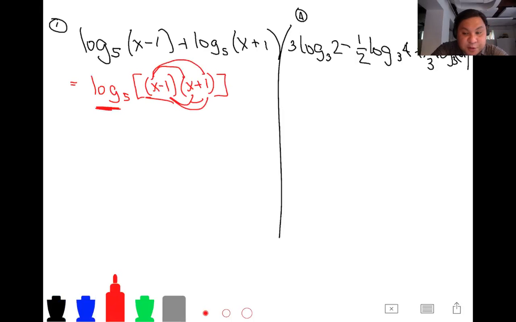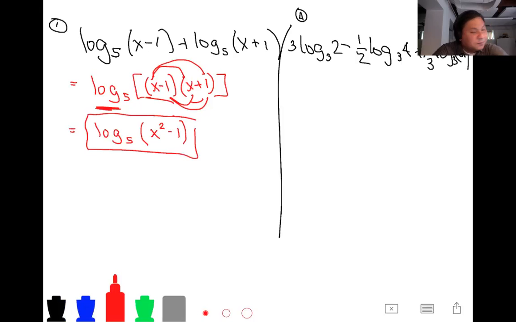However, if you recall that this is an a minus b times a plus b form, then you should be able to say that the product of x minus 1 times x plus 1 simply reduces to x squared minus 1. And this is the correct answer, or the most simplified answer for the first example. I hope that was clear.